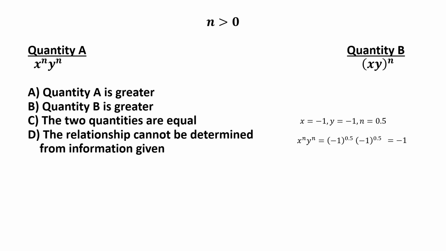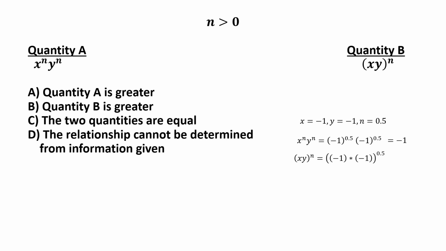Now, this is a little bit controversial, the way I arrived at this, because individually (minus 1) to the power 0.5 is an imaginary number, right? But you take the product of two imaginary numbers, and the result is a real number, minus 1 in this case.